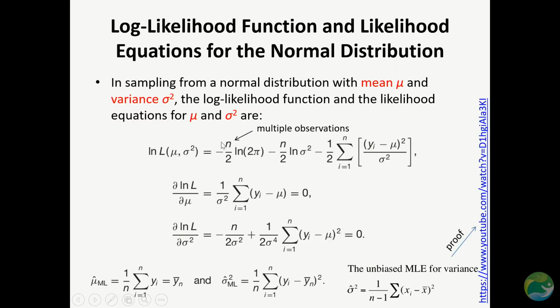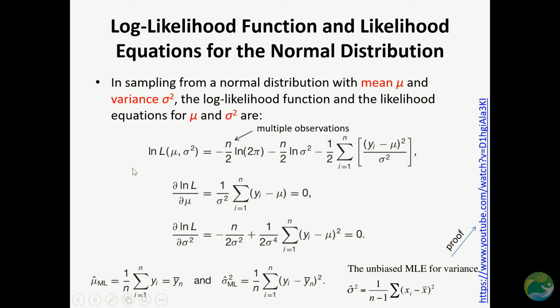here. The n means if you have multiple observations. And here you sum up all the observations together. So this equation gives you the total likelihood, not the likelihood for each data point.